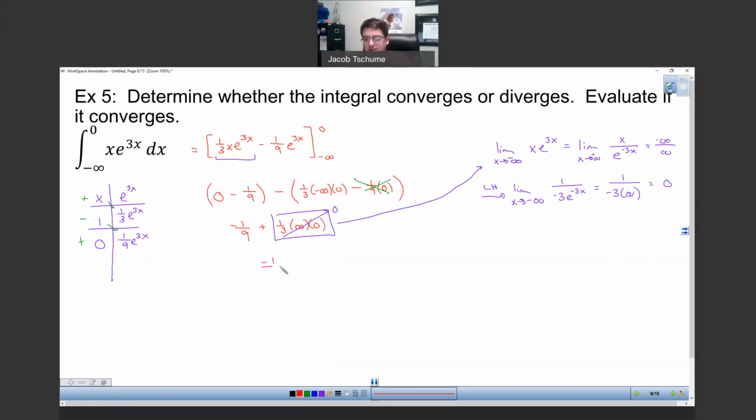So after all is said and done, everything cancels except for the negative 1/9, which allows us to once again say that this is a convergent improper integral.